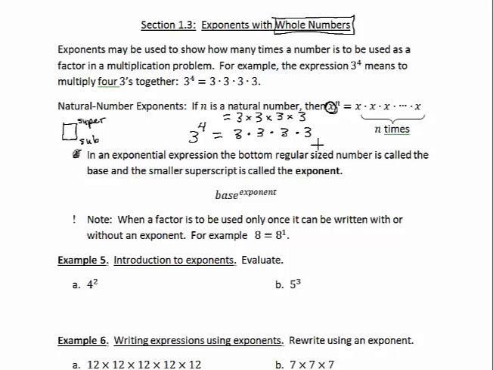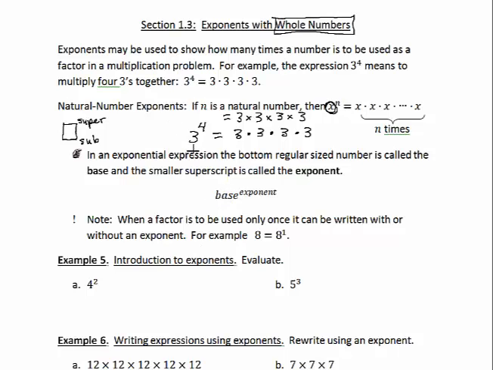So we want to avoid this traditional multiplication symbol, and we just substitute a dot with that. A dot between two numbers indicates multiplication. So this is 3 to the 4th power. That's what we would call this if we were going to read it out loud. 3 to the 4th power equals 3 times 3 times 3 times 3.